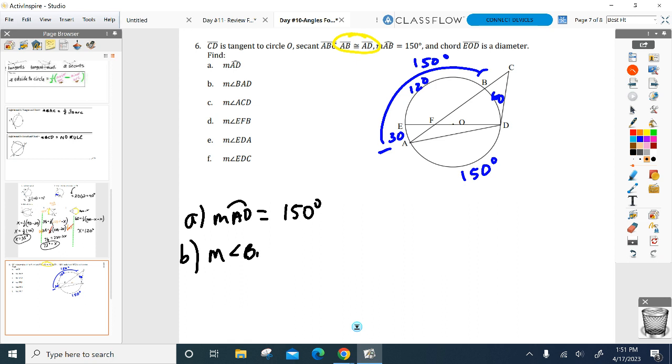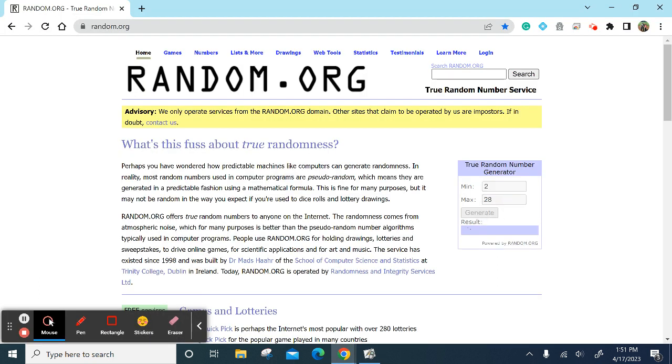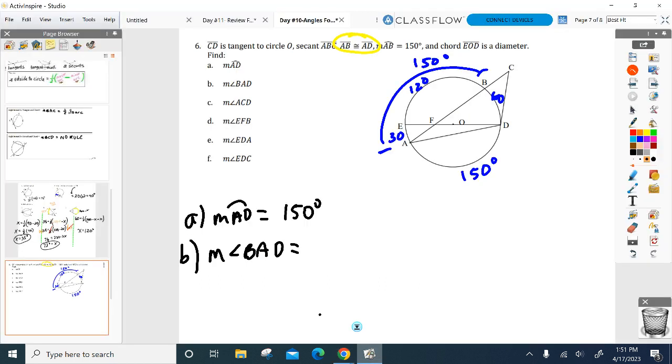Here we go. BAD. Watch the same line of questioning. Is the angle inside or outside? Inside. All right, so now I've got three more questions. Central or inscribed? Inscribed. Done. I'm going to take half of what arc, Maddie? BD. BD, 60?